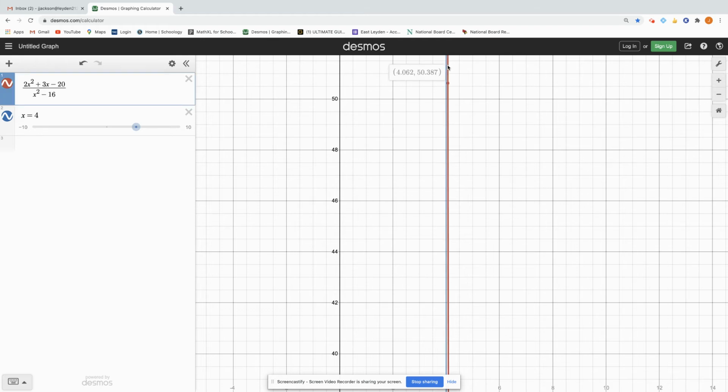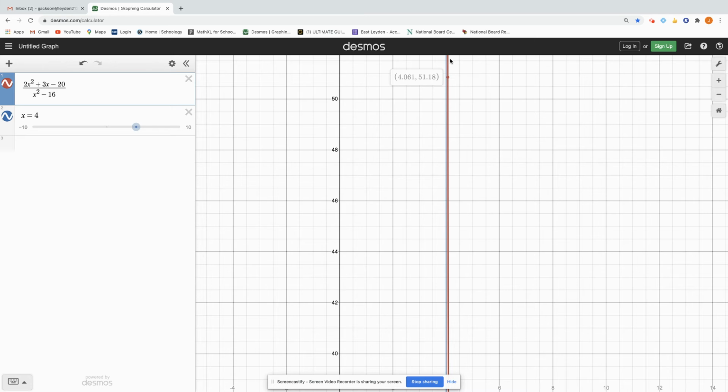And we can see that as x approaches this value of 4, the y values are getting fast. Like take a look at just this point here, where it's 4.062 and the y coordinate is 50.387, right? If we move to the left 1/1000th, so it went from 0.062 to 0.061, the graph jumped up nearly 1 full unit.